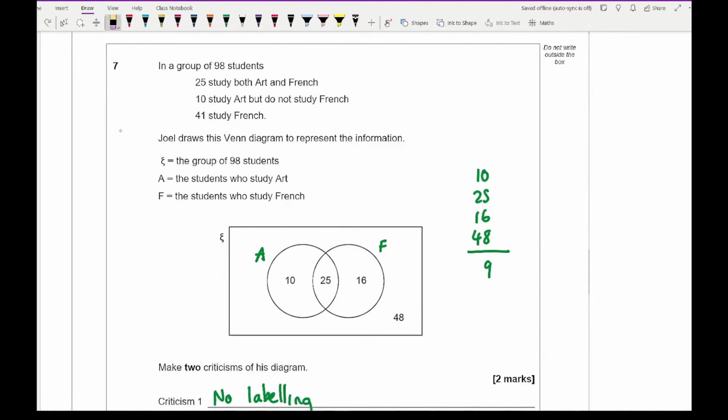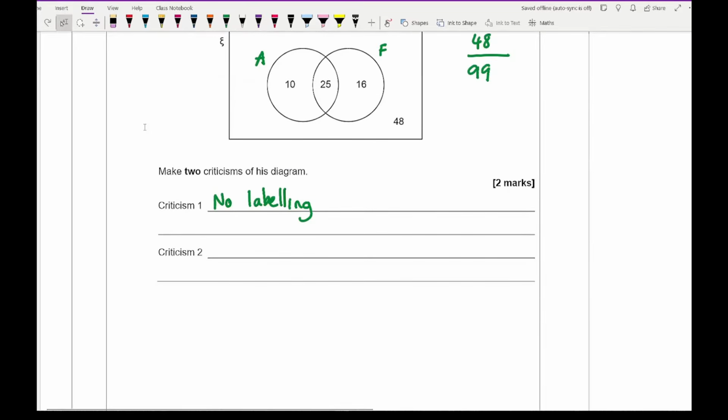So I'm guessing that's the other error, in the fact that all of those numbers don't add up to 98. So the total does not add up to 98.